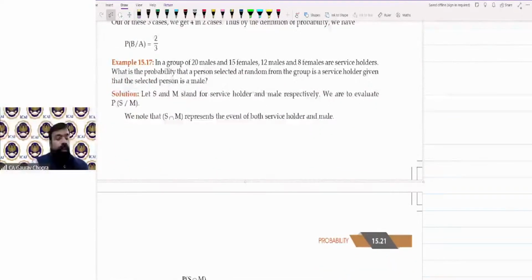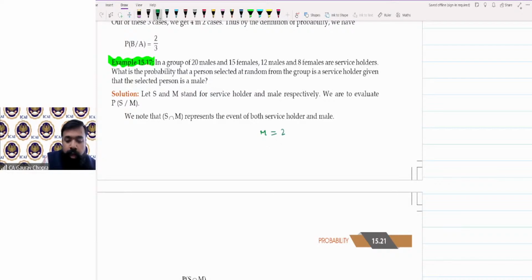Now, the 17th one. This can also be done in the easiest way. In a group of 20 males and 15 females, males are 20, females are 15. 12 males and 8 females are service holders.